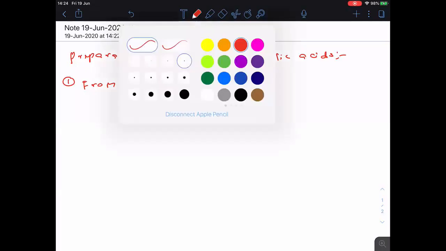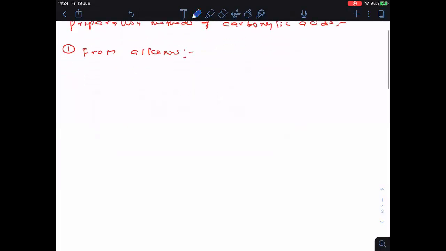So here one condition is there. That condition let me mention, then I will take the example. Okay, so write the condition here.